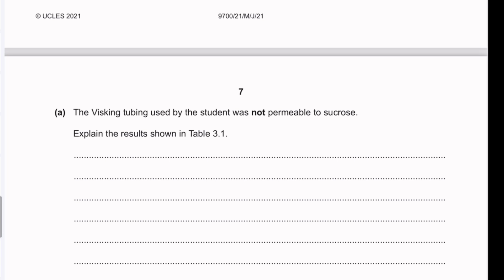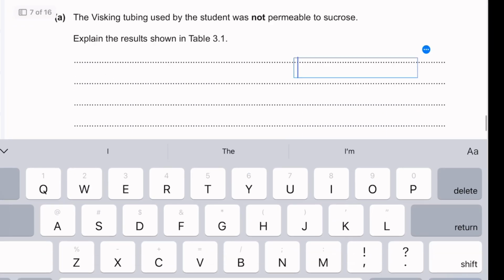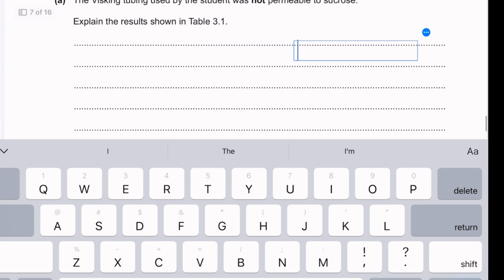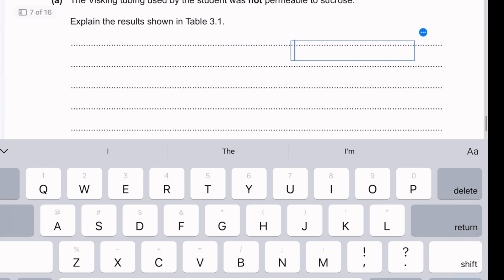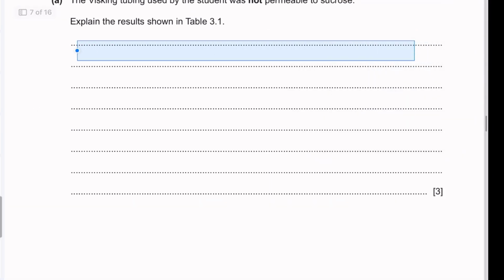Okay, so let's see what we can do here. Interesting. How do I fix this? Here you go.